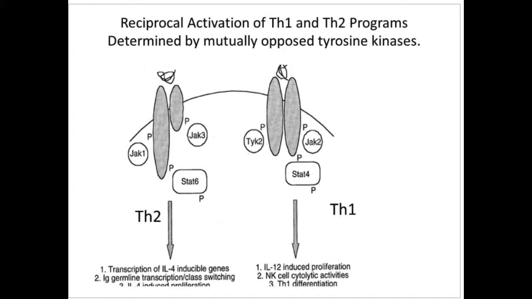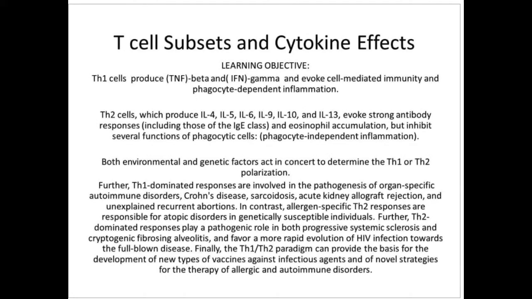STAT4 drives a Th1 T cell program. STAT6 drives a Th2 program. So there's this sort of divergence of T cell phenotype based on the kinases that they have. Okay, I'll try and abbreviate this a little bit. We talked about the Th2 cells, and we recognize that there are environmental factors and genetic factors that also act in concert to determine the Th1 and Th2 polarization.